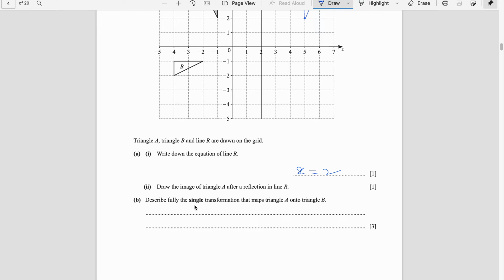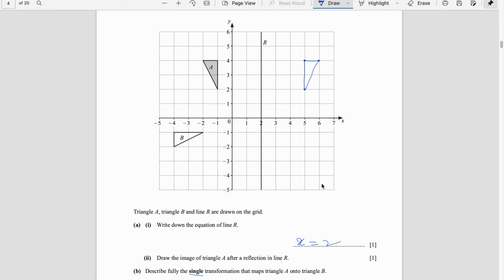B part says describe fully the single transformation that maps triangle A onto triangle B. So A onto B is not reflection, not translation, not enlargement, that is clearly rotation. And A to B is anti-clockwise rotation, and we can clearly see it is 90 degrees, not 180. And how do you find the center of rotation? Join two corresponding points and then draw the perpendicular bisector the usual way, and then join any other two corresponding points and do the same.